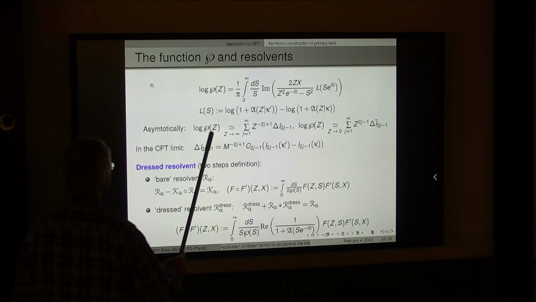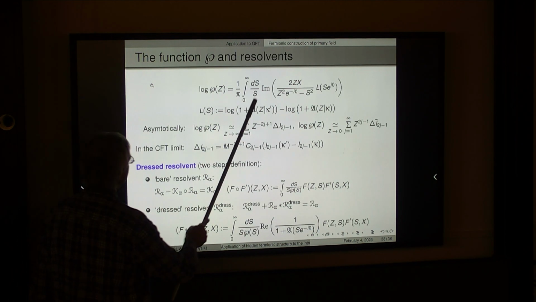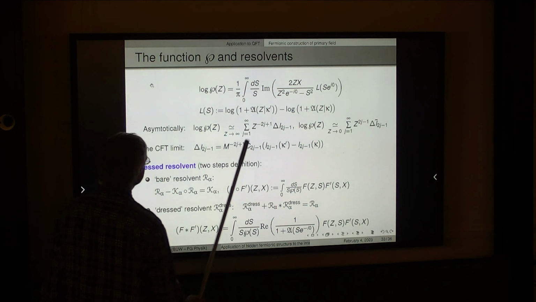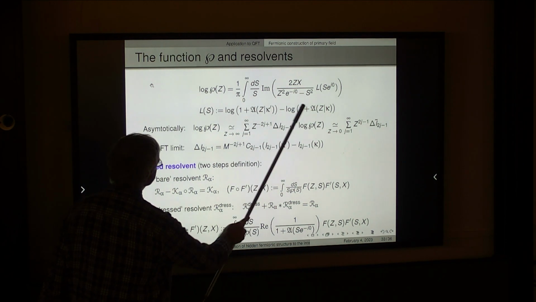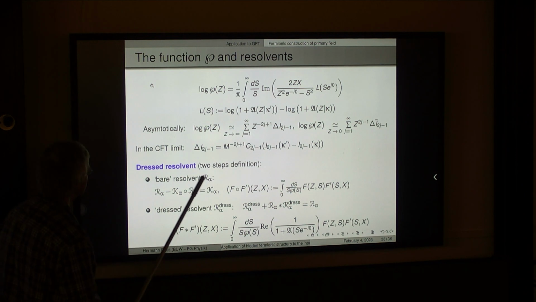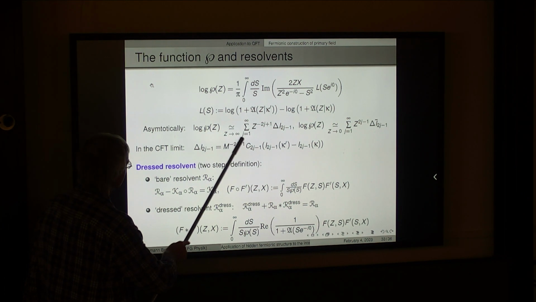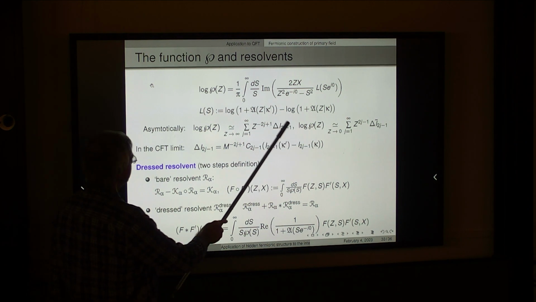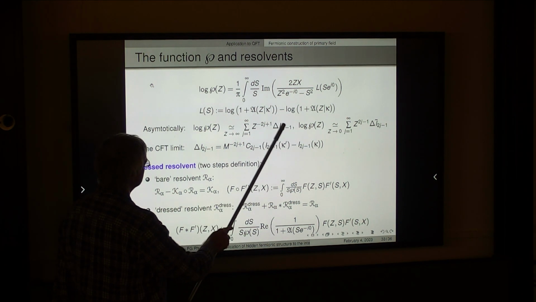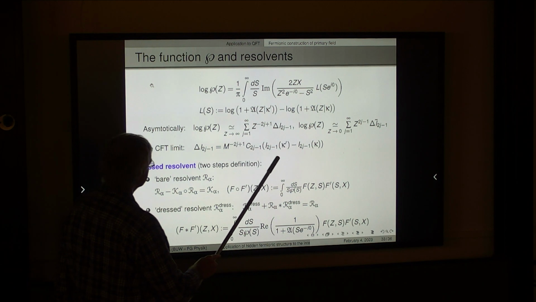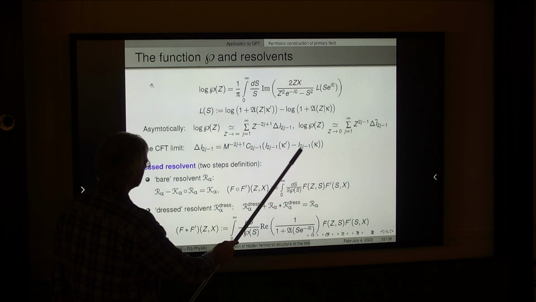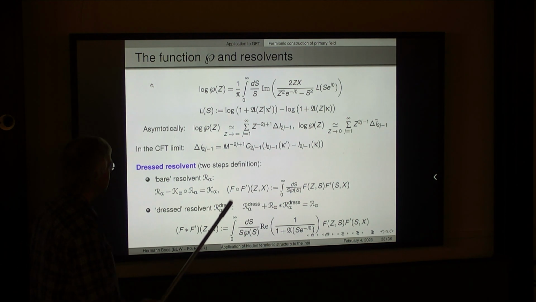Okay, so for local rho, we have the following integral with some function L. And asymptotically, log rho, when z goes to infinity, the coefficients are proportional to differences of integrals of motion.